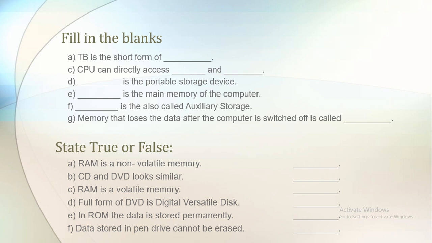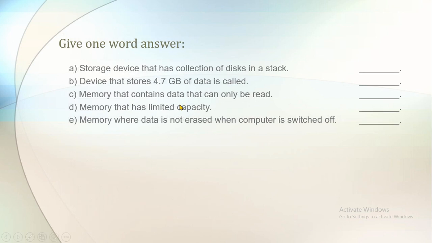Okay. Now next is give one word answer. You have to write here one word answer. Number A. Storage device that has a collection of disks in a stack. What is it called? Name of the storage device. Okay. Device that stores 4.7 GB of data is called dash.